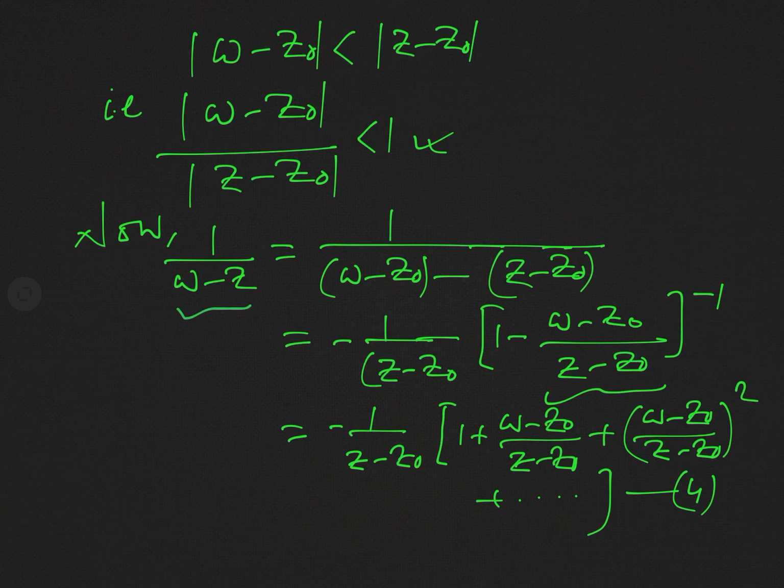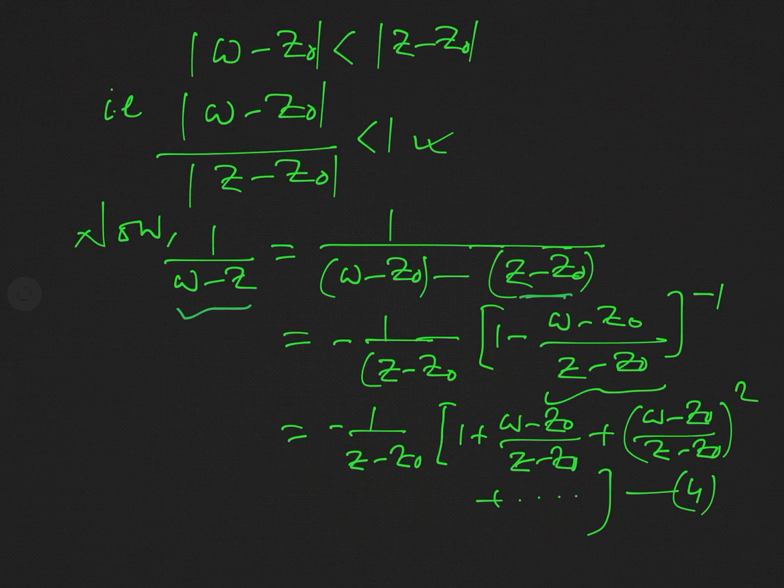Now here we take the factor z minus z naught as a common factor. So this will be minus 1 over z minus z naught, and you can see at the place of the second factor there will be 1, and at the place of the first term that will be actually minus w minus z naught divided by z minus z naught.